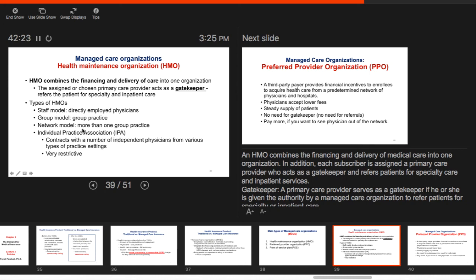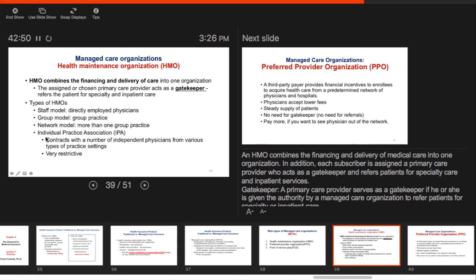They have to follow the HMO's rules and restrictions, which are very restrictive, because they have to follow and prescribe the most cost effective type of treatment. Otherwise, the HMO will not renew their contract with them.